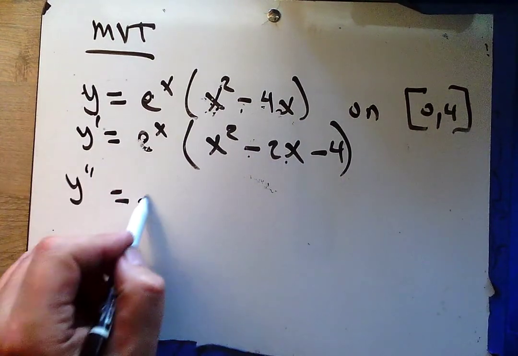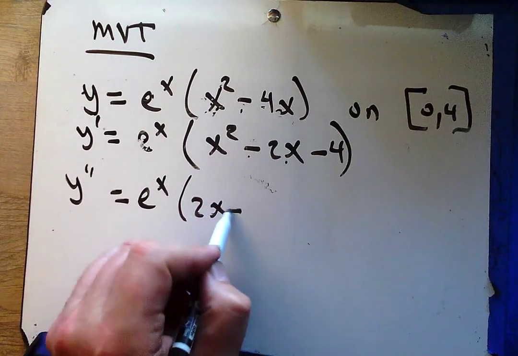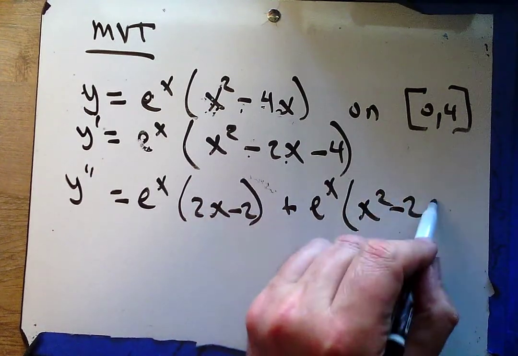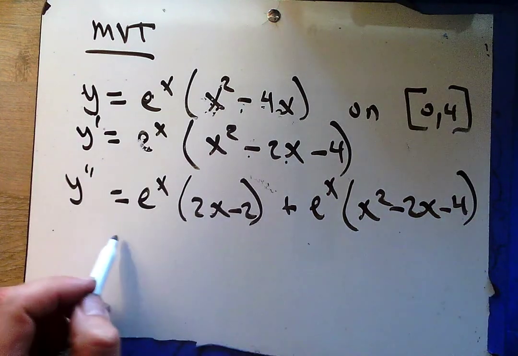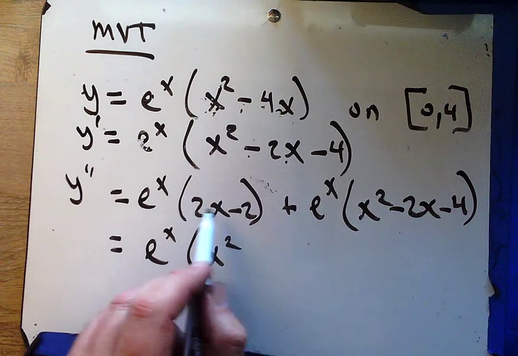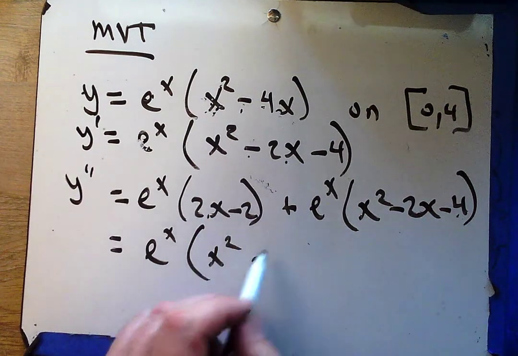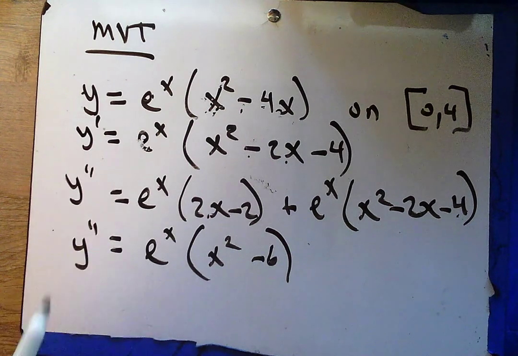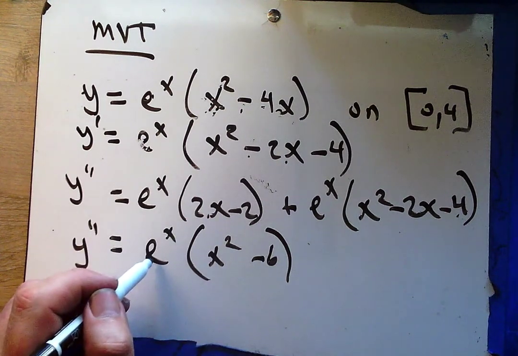Y double prime: e to the x times 2x minus 2, plus e to the x times x squared minus 2x minus 1. Factor out that e to the x, get x squared, these cancel, and minus 6. Y double prime: this is never equal to 0.